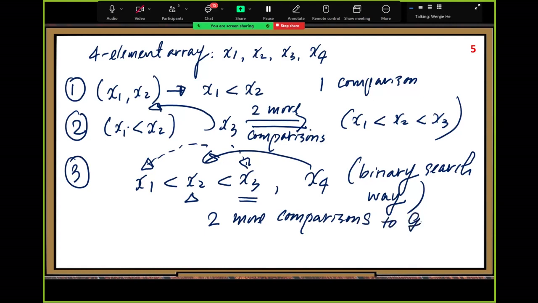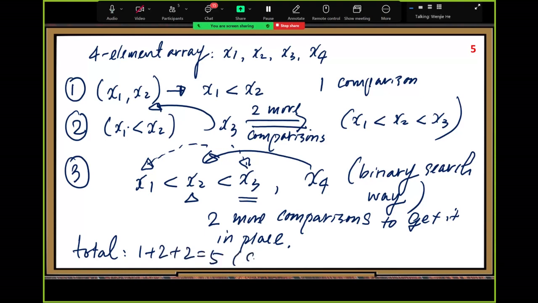The total number of comparisons is 1 plus 2 plus 2 equals 5. So you need 5 comparisons to sort a 4-element array.